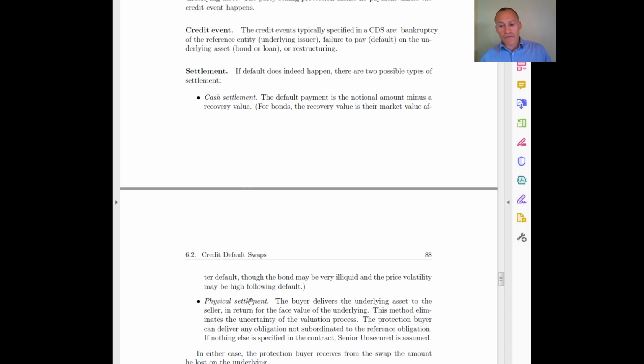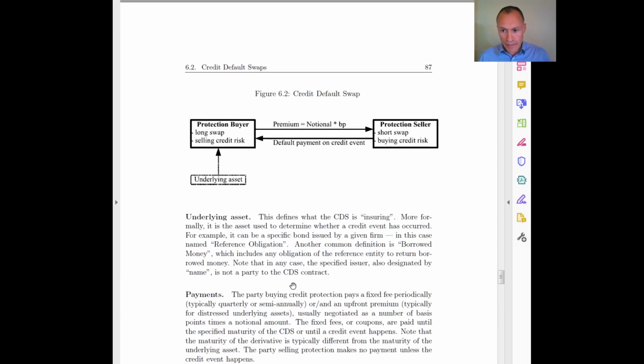The second alternative, which is physical settlement, then we have two flows going on. So here, if there is physical settlement, there are two things that happen at that default moment. This guy that has the asset delivers the asset to the protection seller, and in return, the protection seller gives back the full face value of that underlying asset.